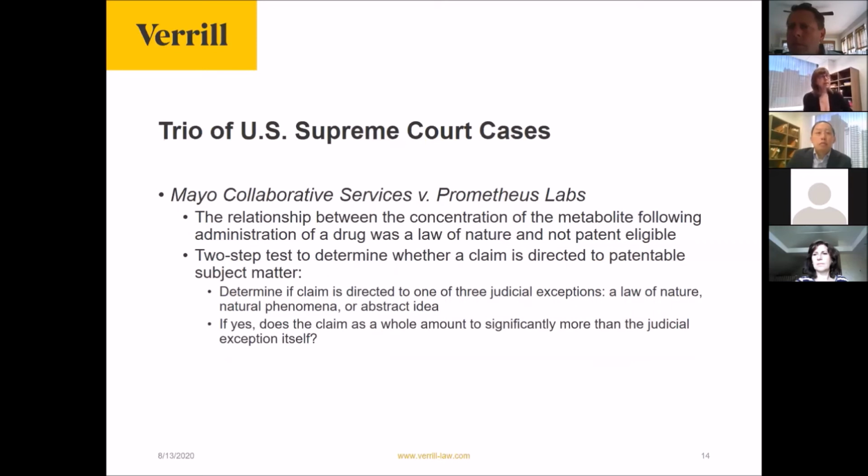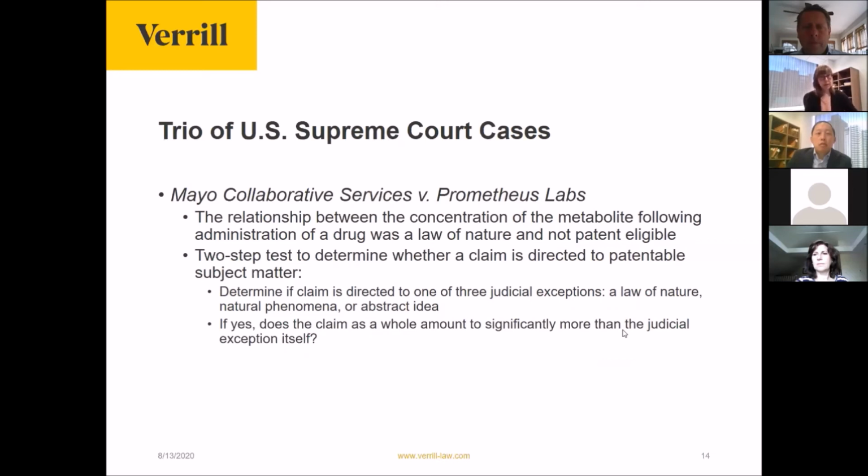The Supreme Court set out a two-step test. In the second step, if the claim is directed to one of these judicial exceptions, does the claim as a whole amount to significantly more than the exception itself?